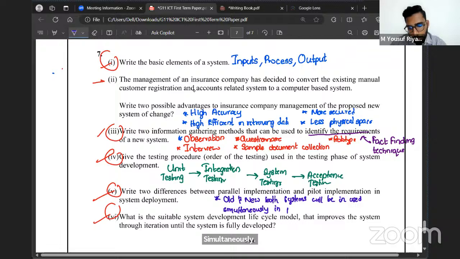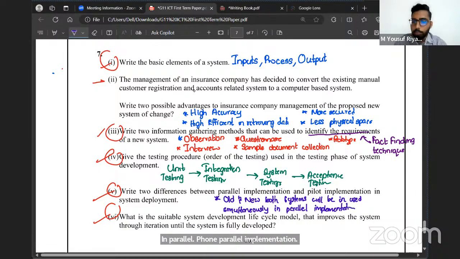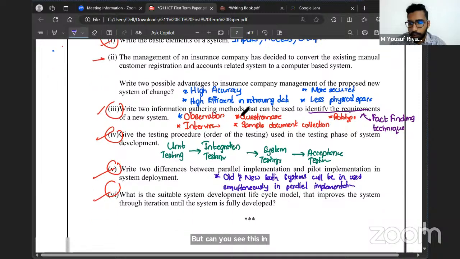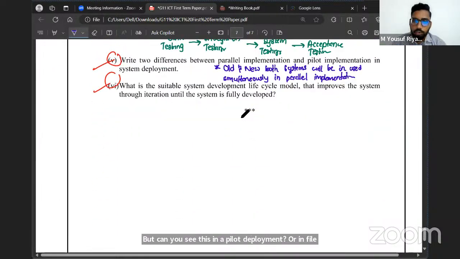But can you see this in a pilot deployment? Will both the old and new systems be used parallelly?